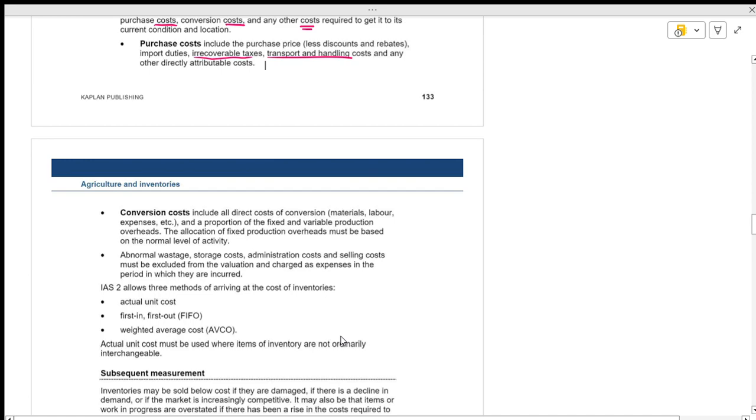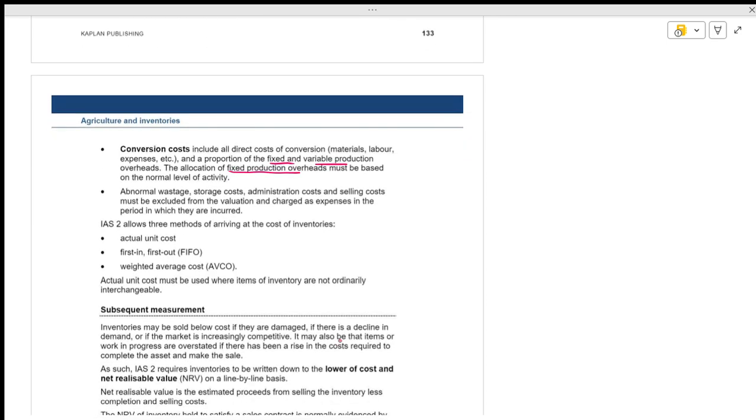You will have a conversion cost. What is the fixed cost? What is the variable production cost? Fixed production cost must be based on the normal level of activity. If anything is there, we have to take that into consideration.